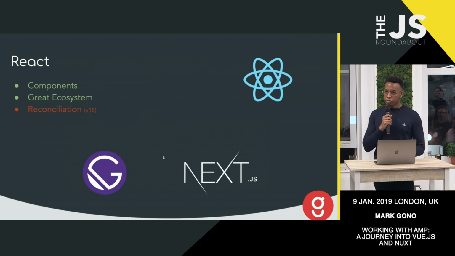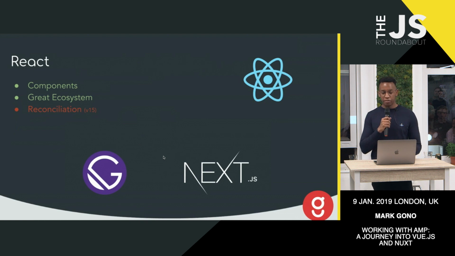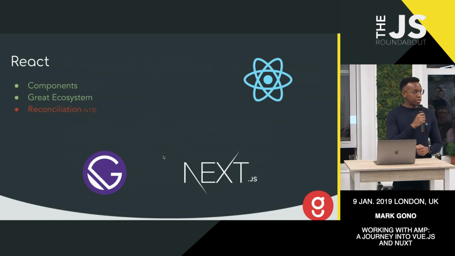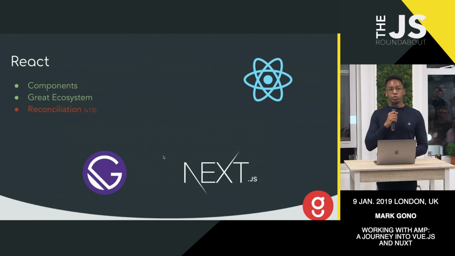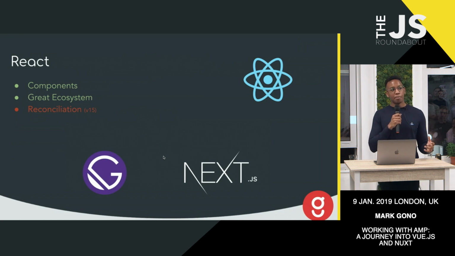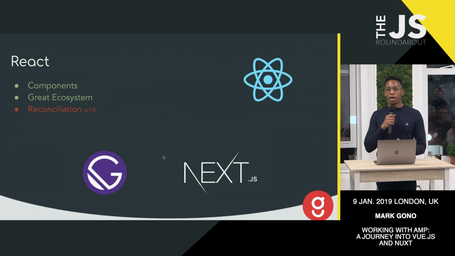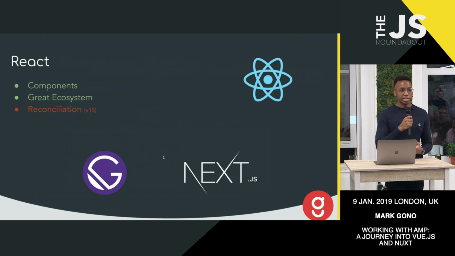The issue that I found with React, this has since been patched and they fixed it, but at the time it was reconciliation. React would complain if it didn't know what a specific component was. And since AMP is using custom components without bringing in an external library, that presented itself as an issue.